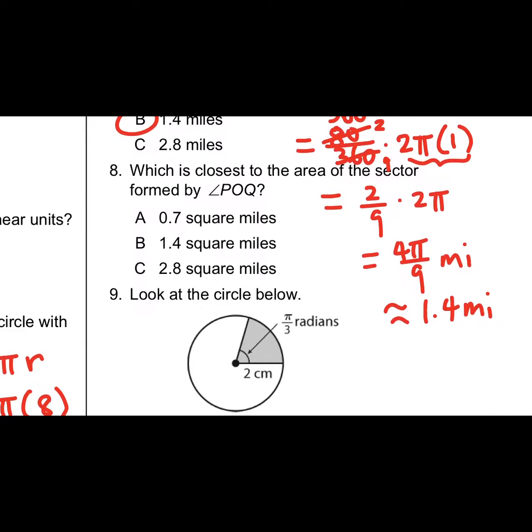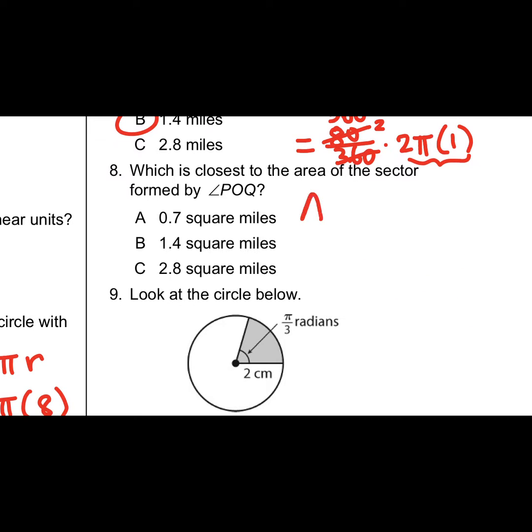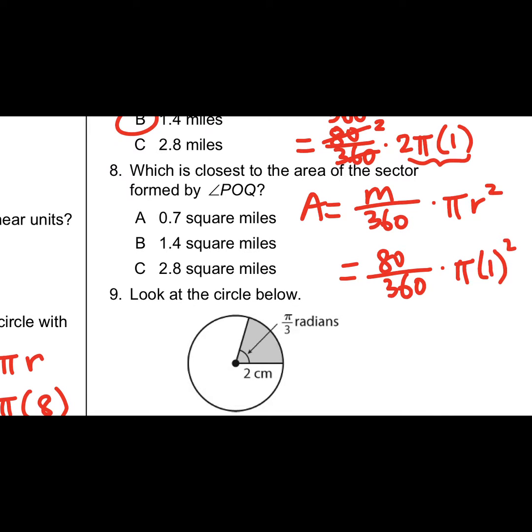Number 8, which is the closest to the area of the sector. So I'm going to erase the work over here so I can use the space. So the area of a sector is given by the measure over 360, that is the formula, times pi r squared. And so the angle, once again, is 80 degrees over 360 times the radius is, again, 1 mile. So we're going to square that.